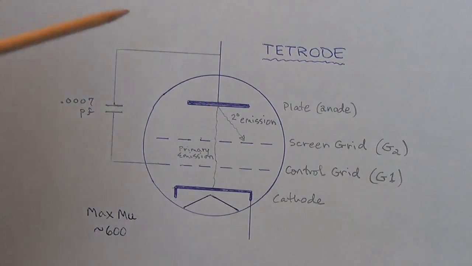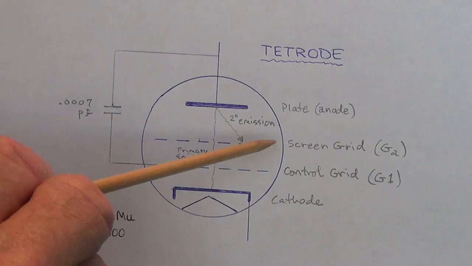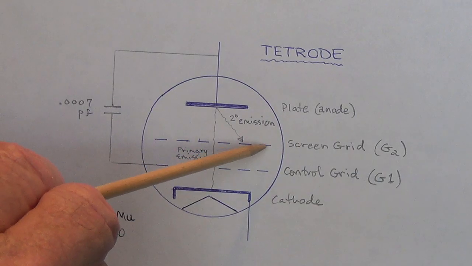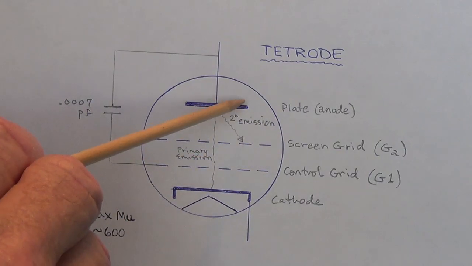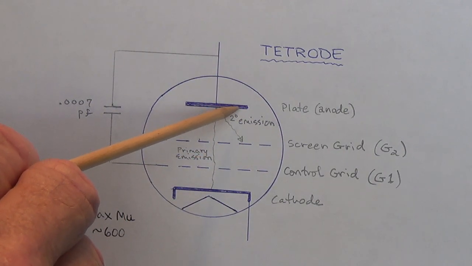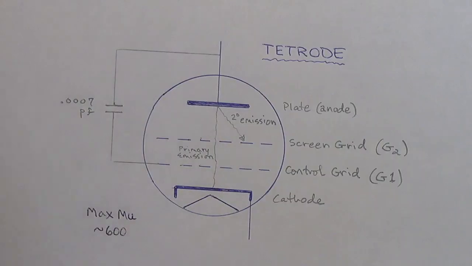In the tetrode, however, we have a highly charged DC screen grid shielding the control grid from the high AC signal that's coming out of the plate. But the screen grid causes a problem that is actually the downfall of the tetrode.